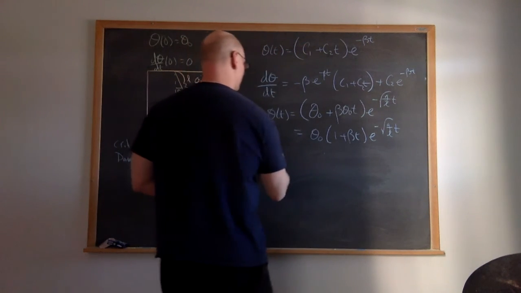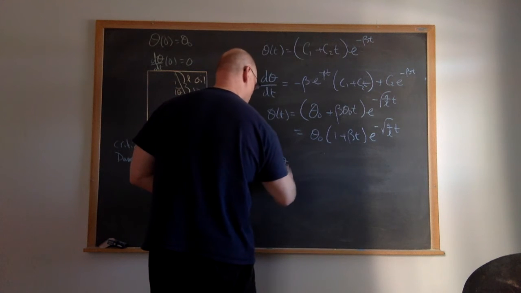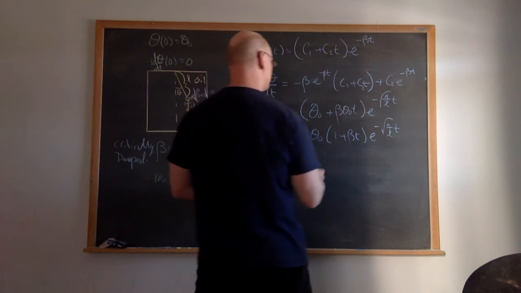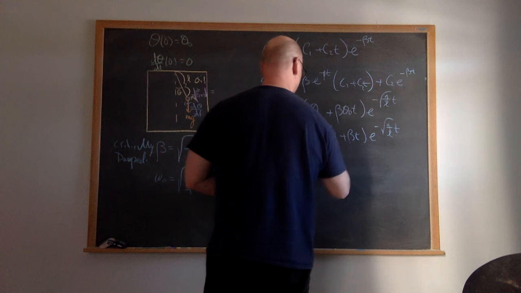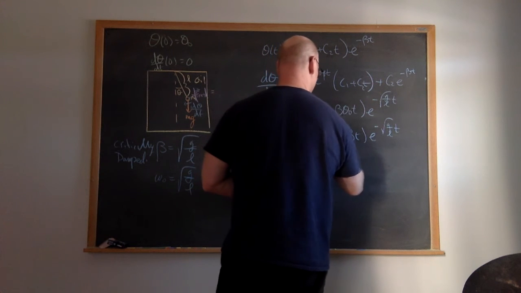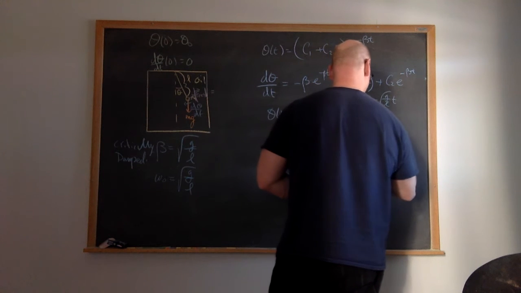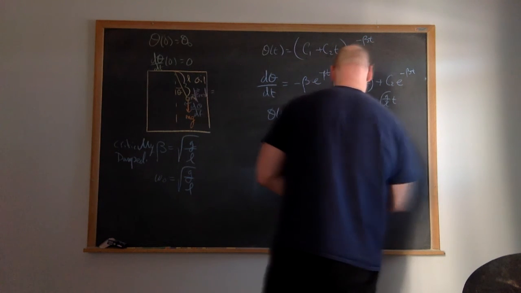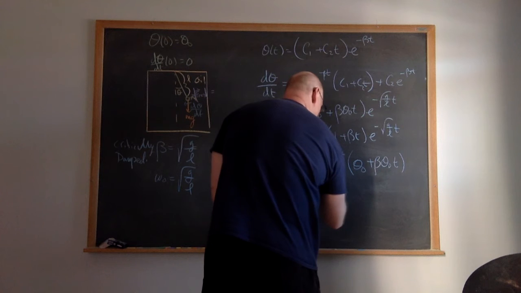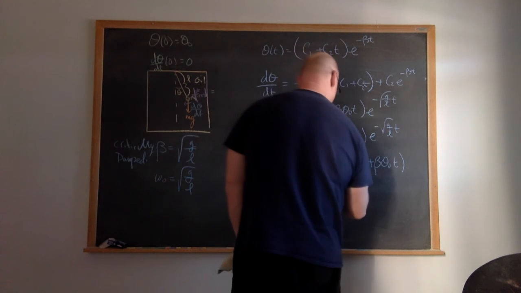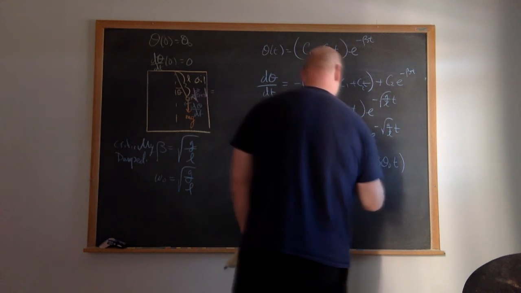And then my velocity as a function of time is equal to minus beta e to the minus beta times time times (theta initial plus beta times theta initial times time), plus beta times theta initial times e to the minus beta t.